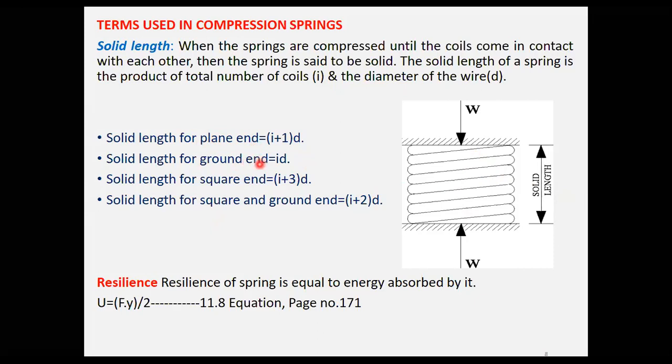Ground end is I multiplied by D, and next is a square end. And the last one is square and ground ended. These are the 4 conditions which they will give for GATE. According to that, you need to select the formula. In detail I will explain this with the figure.